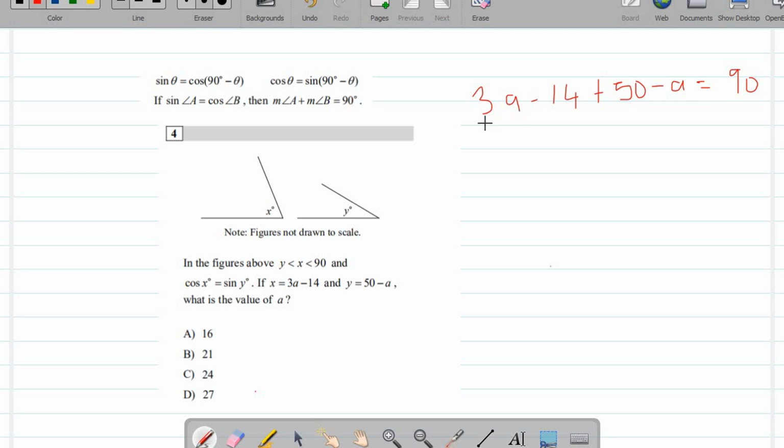So let's solve this. 3a minus 14 plus 15 minus a is equal to 90 degrees. We're asking for the value of a.